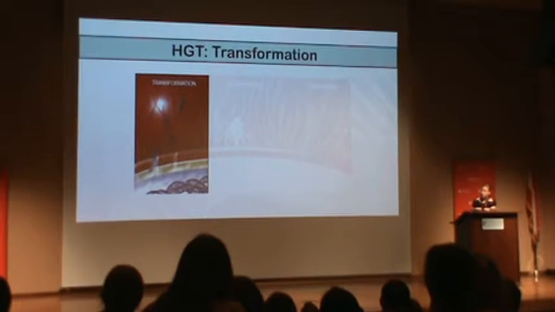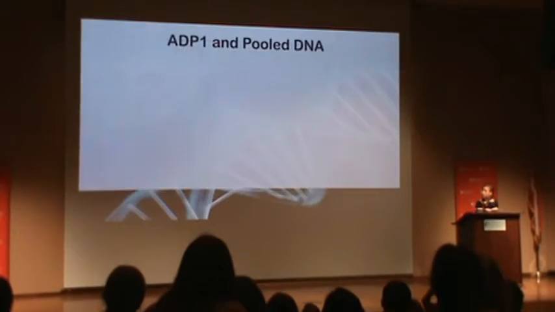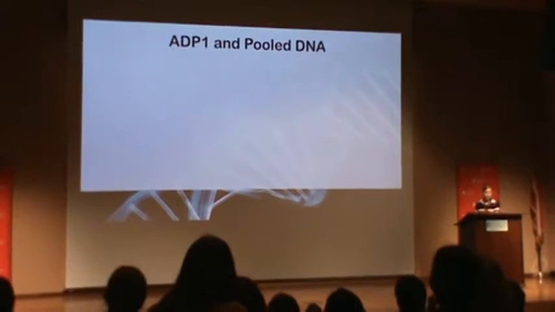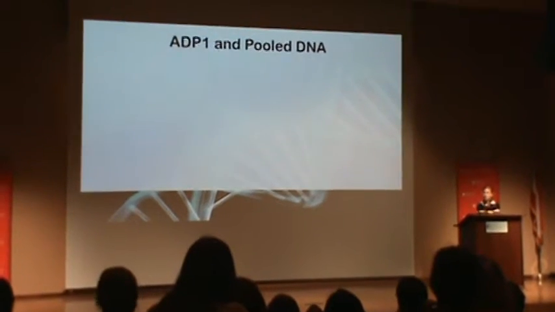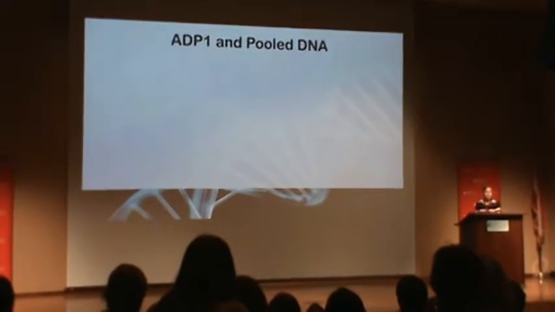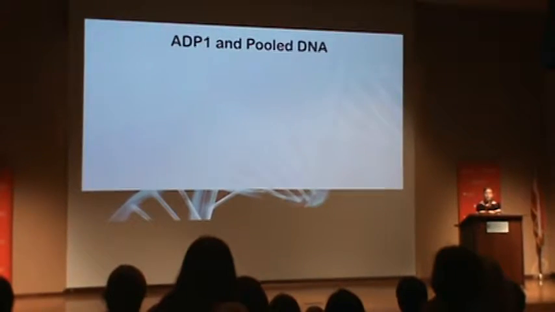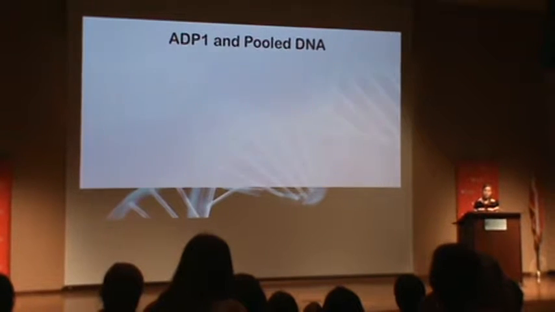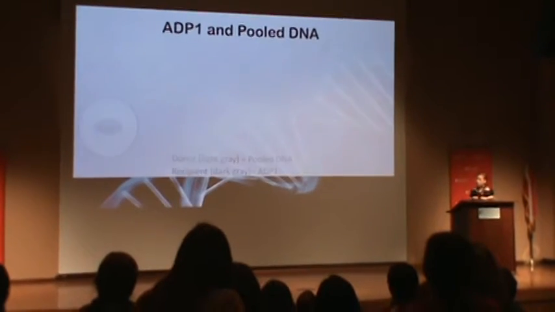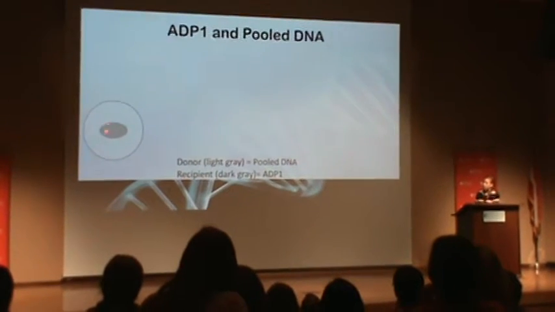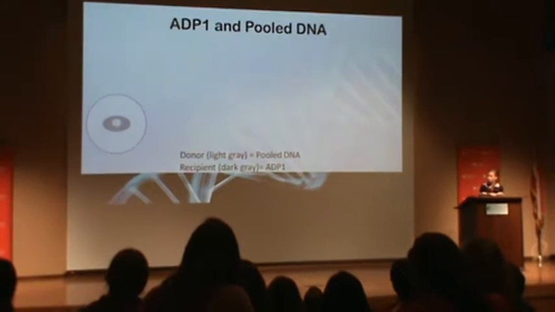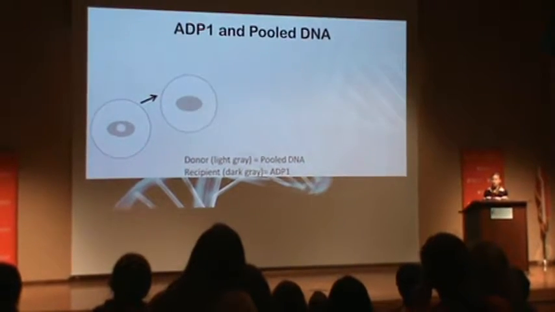And next we studied transformation. So we looked at transformation between ADP1, which is again the Acinetobacter baylyi, and pooled DNA. And one cool thing about the Washington University lab that I worked in is that they were part of the 100 Genome Project, so I used some of the leftover DNA from the 100 Genome Project for the pooled DNA. I first started by plating out the ADP1, adding the DNA to it, and letting that grow together.